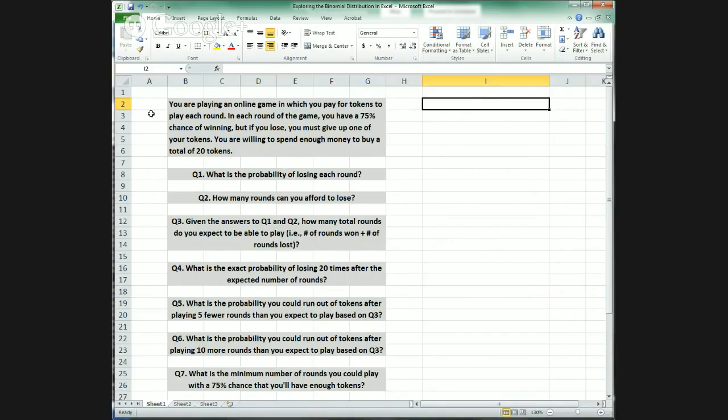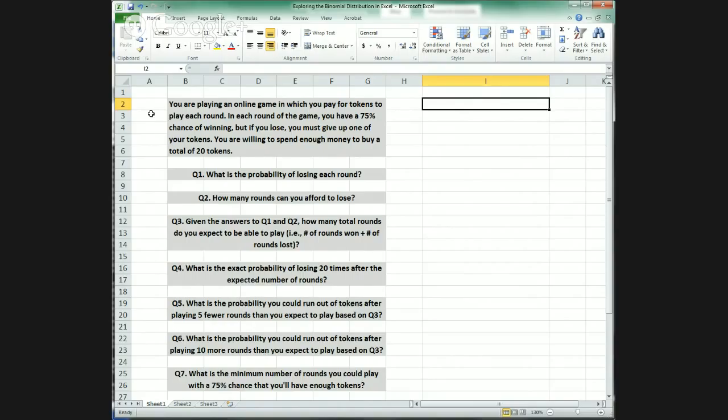What you really need to know is that you're willing to spend enough money to get a total of 20 tokens. And so I just gave that to you straight in the question, but I could have said something like, you have $10 and tokens cost 50 cents each, and you're willing to spend all of your money, in which case you would need to translate $10 and 50 cents each into being able to spend 20 tokens.